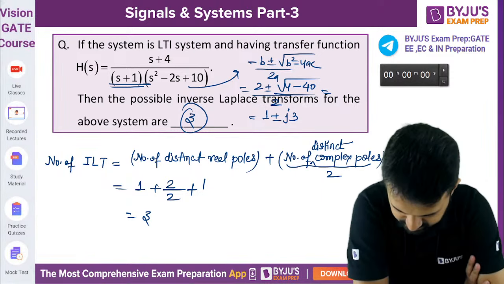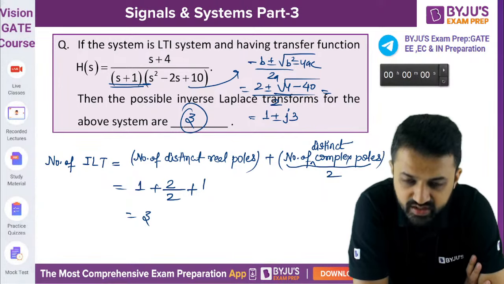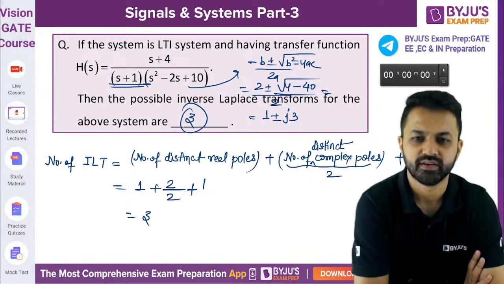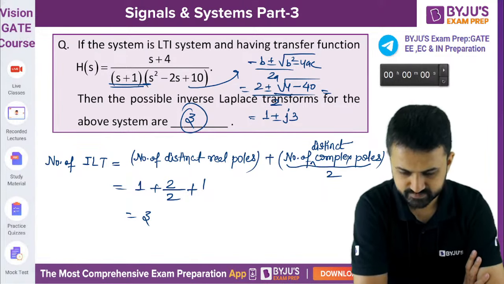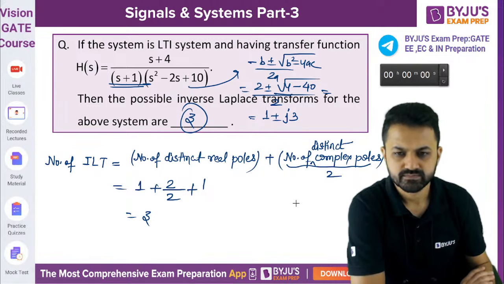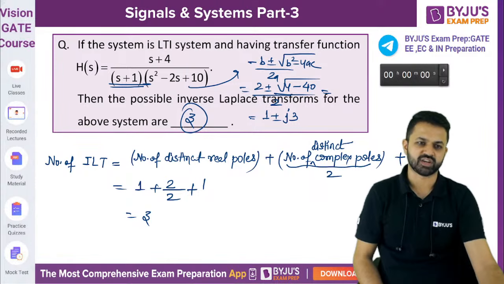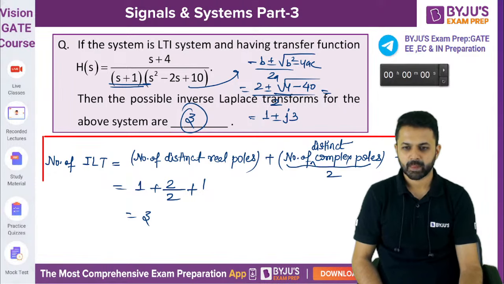Got it? Is it clear? How to calculate number of distinct real poles plus number of distinct complex poles divided by 2 plus 1. Please note it down if you have not studied before. This is a good formula to calculate quickly.